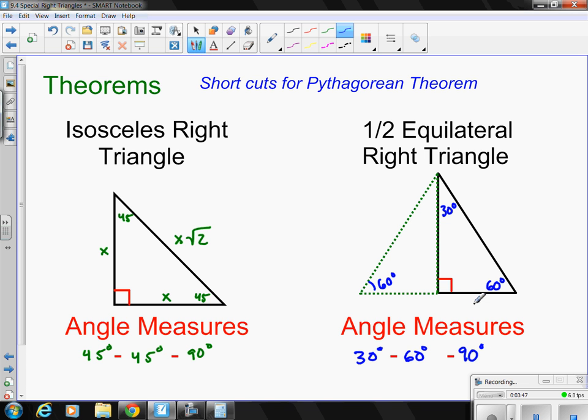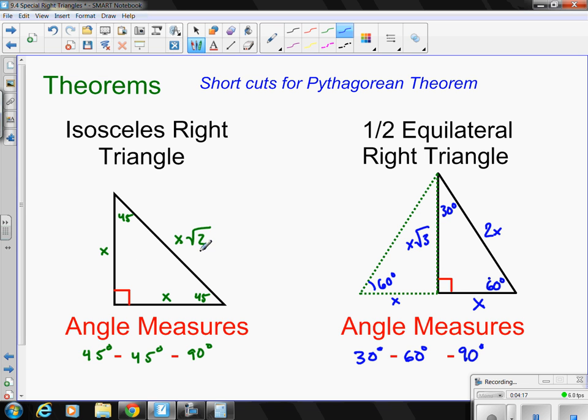And now if this side length is x, that means this side length over here would have been x. So this whole length is 2x. So if the short leg is x, the hypotenuse is 2x, and using the Pythagorean theorem on that, you get that this leg is x times the square root of 3.